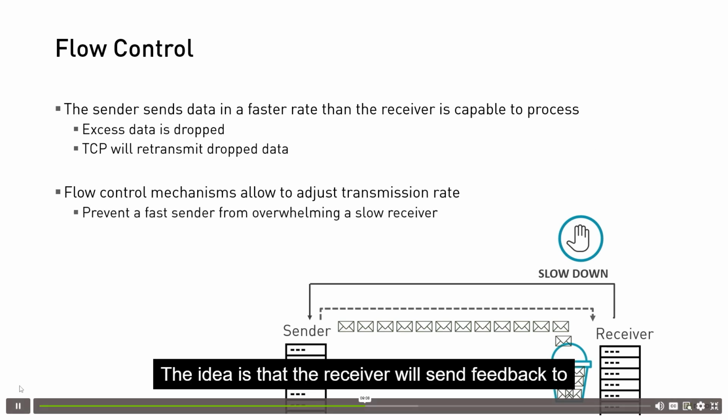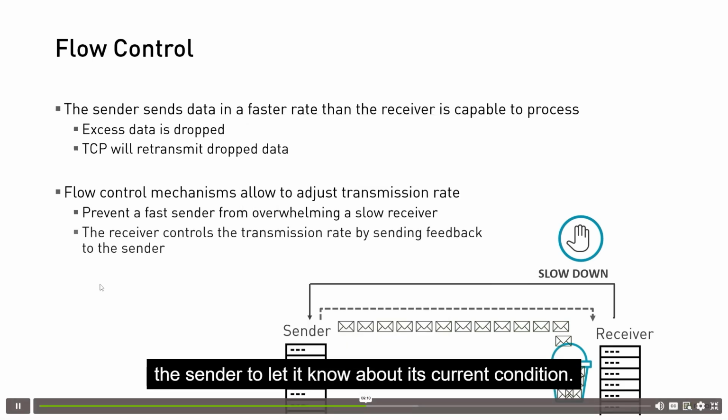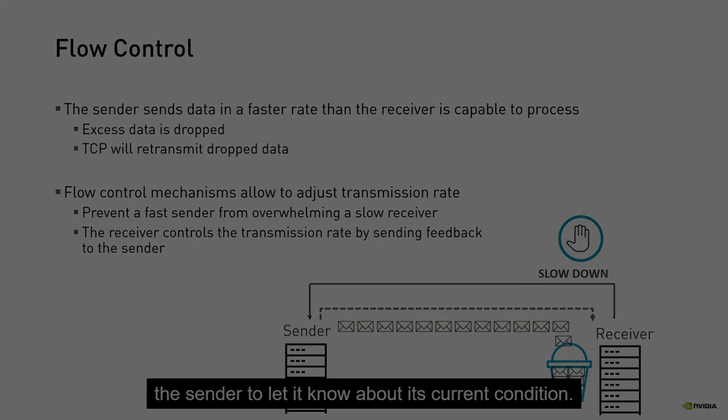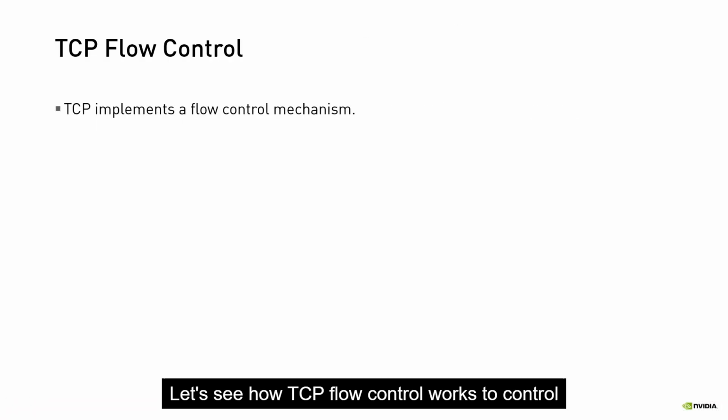The idea is that the receiver will send feedback to the sender to let it know about its current condition. Let's see how TCP flow control works.